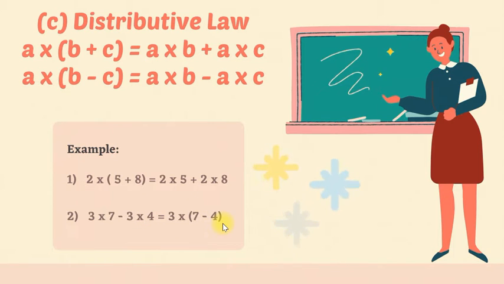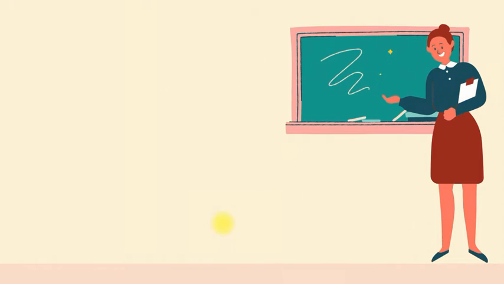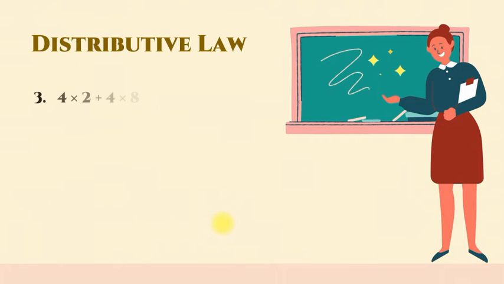Okay, let's look at more examples of this distributive law. 4 times 2 plus 4 times 8. If you want to calculate 4 times 2 equals 8, then plus 4 times 8 equals 32, and then plus, that is maybe a little bit difficult. So to make it easy, we have 4 times and we have 4 times, the same repeated number.